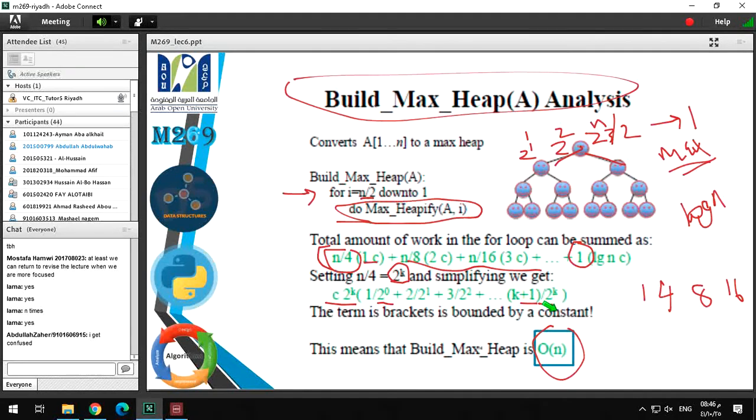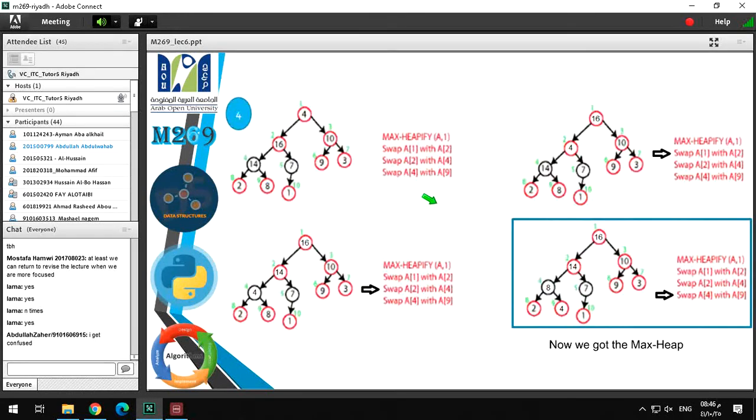It actually includes two types of work. It goes through the loop for every single node, and then we call the max-heapify. And inside the max-heapify, we have multiple steps. The max-heapify, as you could see here, performs multiple swaps, right? Not only one single swap. It might reach n number of swaps.